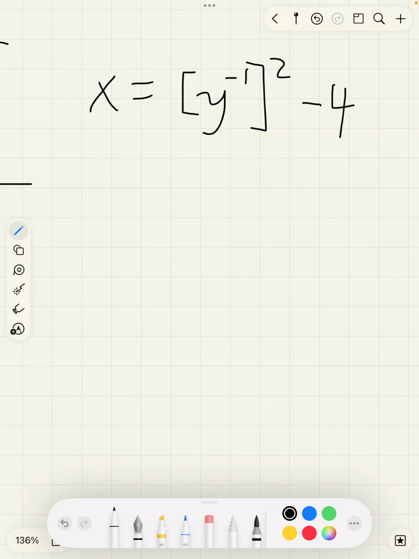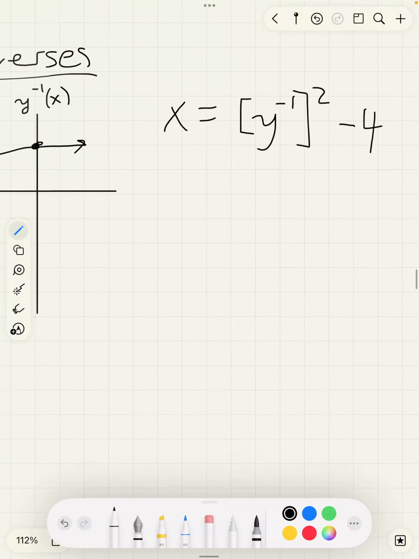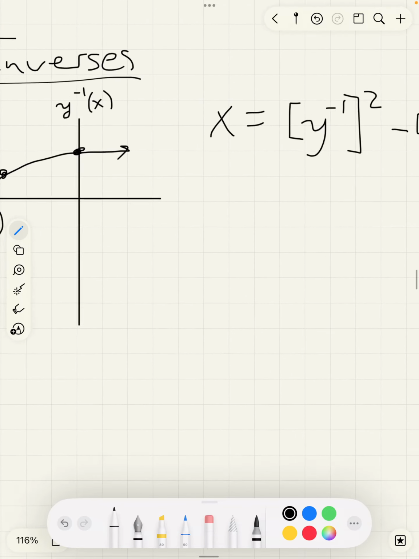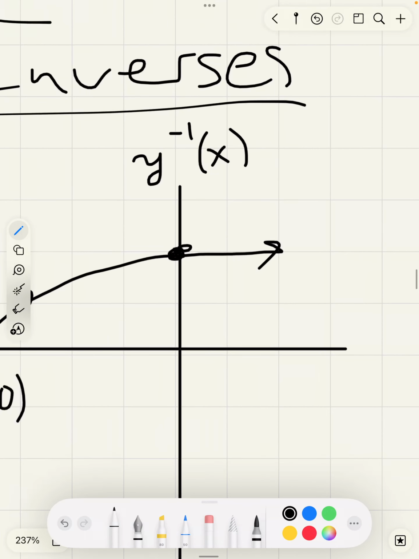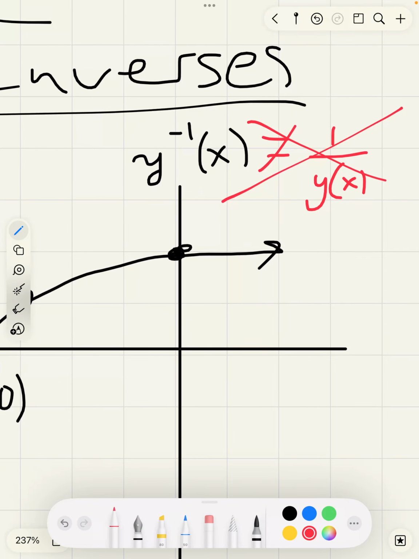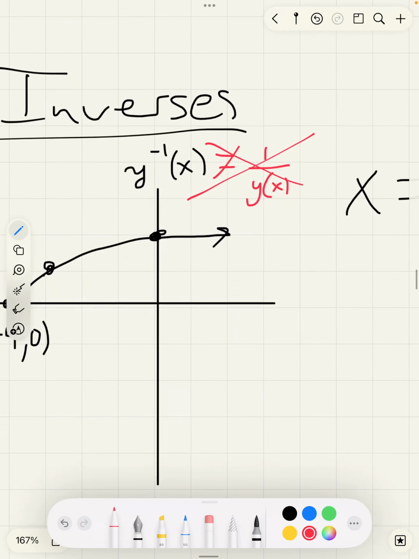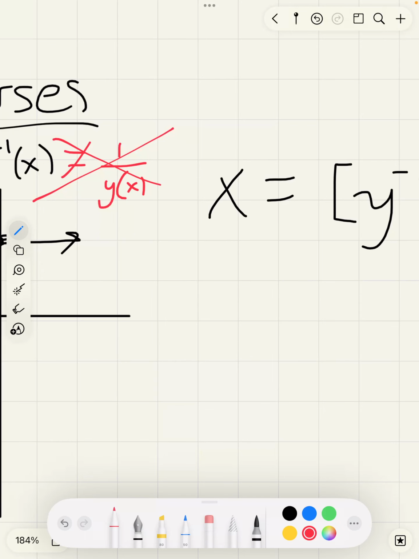So this brings up an important point. A lot of people, when they see this notation, assume that that negative 1 is an exponent. It's not. So this is not 1 over y. All right, and when we get to inverse trig, that becomes even more common.